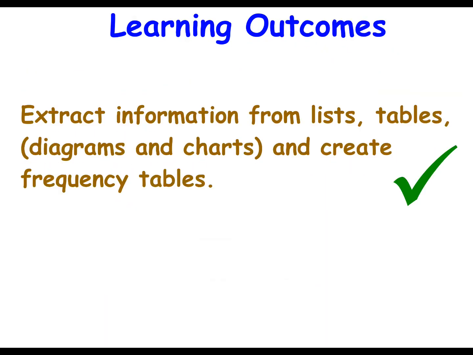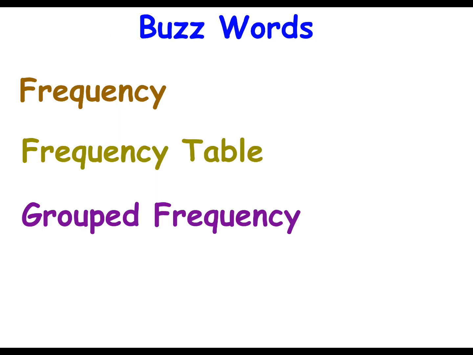And that completes the learning outcomes to extract information from lists and tables, from diagrams and charts, and then to create frequency tables. The buzzwords were frequency, which is a posh maths word for a total.